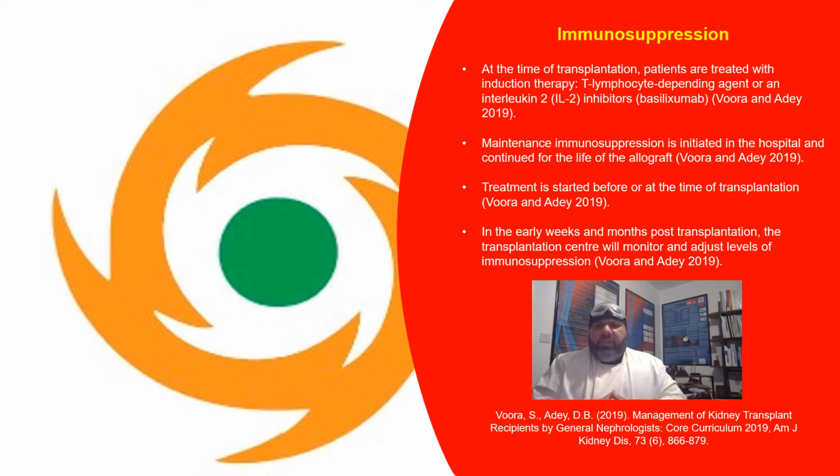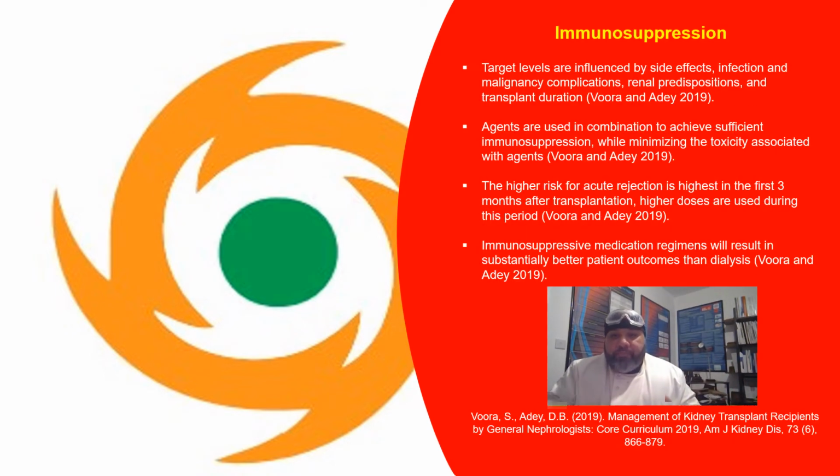Treatment is started before or after the time of transplantation. In the early weeks and months post-transplantation, the transplantation center or the nephrology department generally monitor and adjust levels of immunosuppression therapy in line with pathology and the biochemistry departments within pathology.